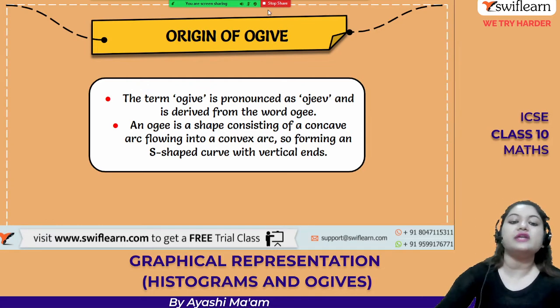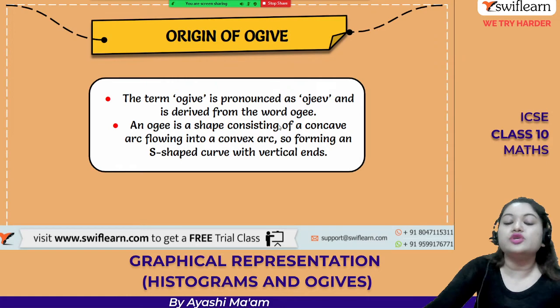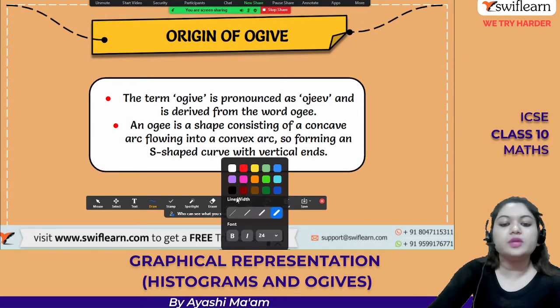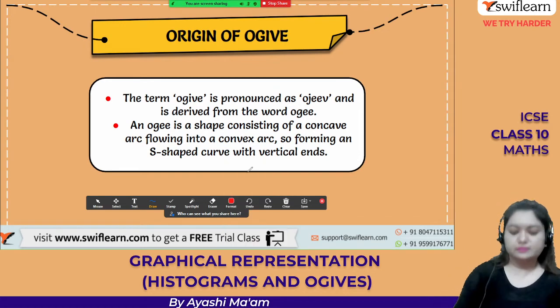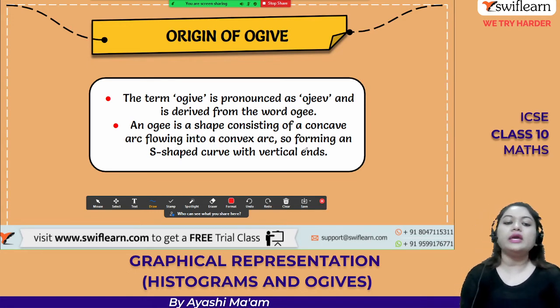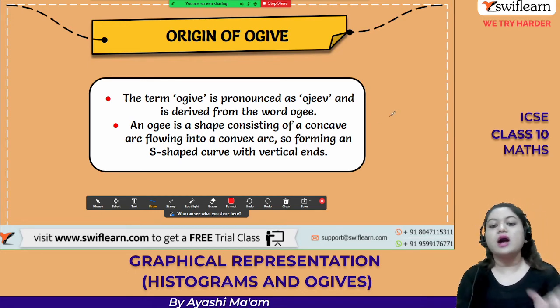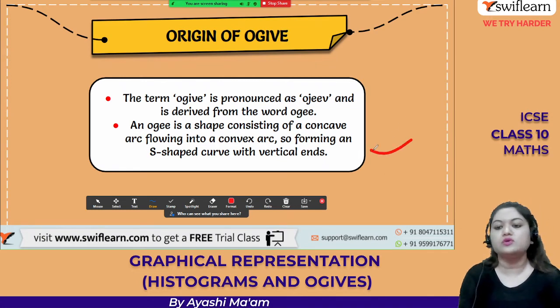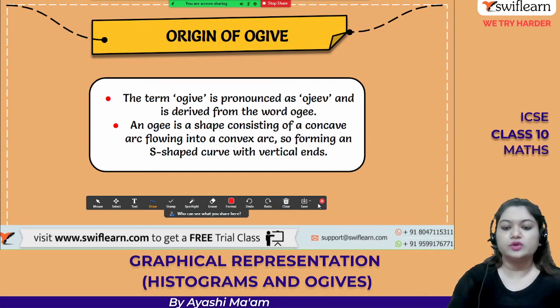You can also pronounce it as ogive, so different people pronounce it in different ways, but the most common one is ogive. It consists of a concave arc flowing into a convex arc, forming an S-shaped curve with vertical ends. That means it goes like this. Okay, that's how it looks.